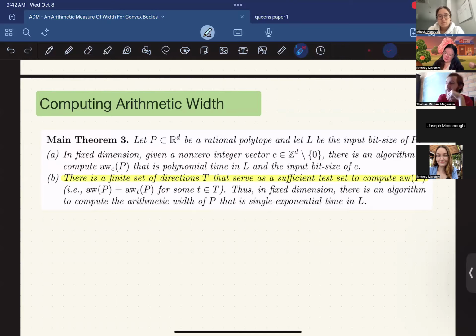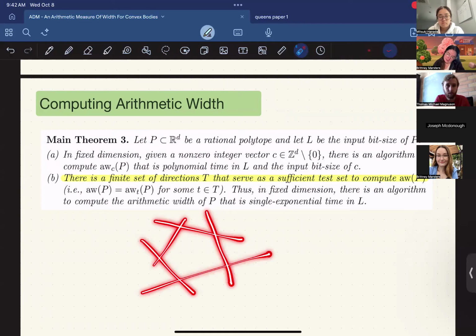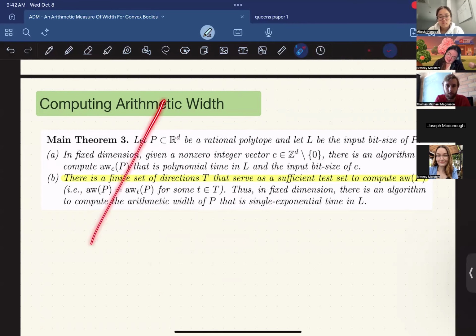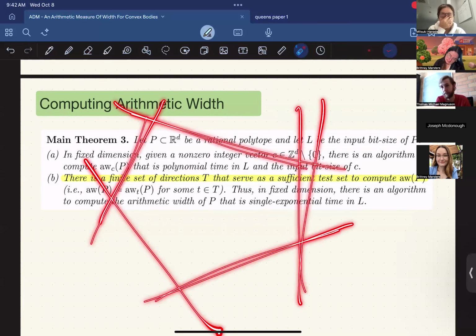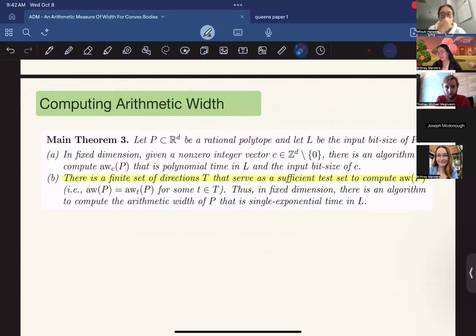So even though I have some fixed input bit size, I've got 5 hyperplanes here. As I dilate, I'm going to get more and more lattice points, but I can still have the same fixed input size for my polytope. And so we're really only getting this nice singly exponential behavior, which, while not the most amazing, still means I can run my code in some decent time, so I'm somewhat happy.